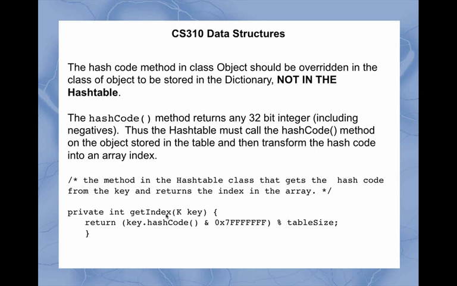A comment about this code: once we retrieve this hash code, it might be negative, and roughly half of them are negative. Well, we can't have a negative index to an array, so we use this bit mask, and we AND this. This is a logical AND. The effect of this operation in parentheses is it zeroes out the leading bit of the hash code that's returned and makes it positive.